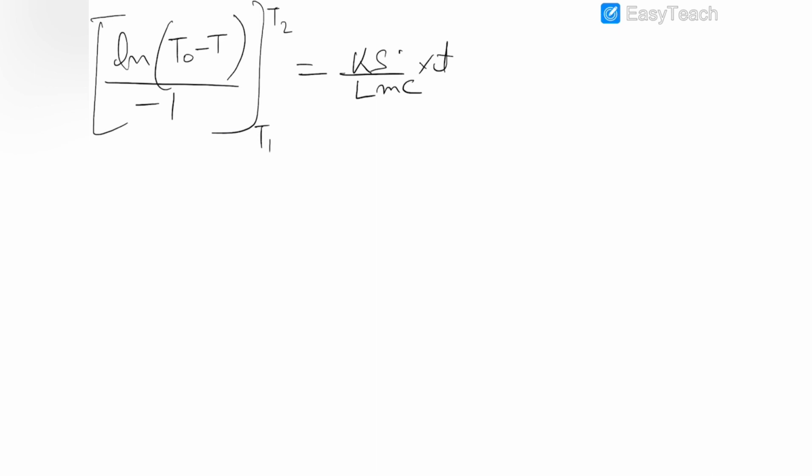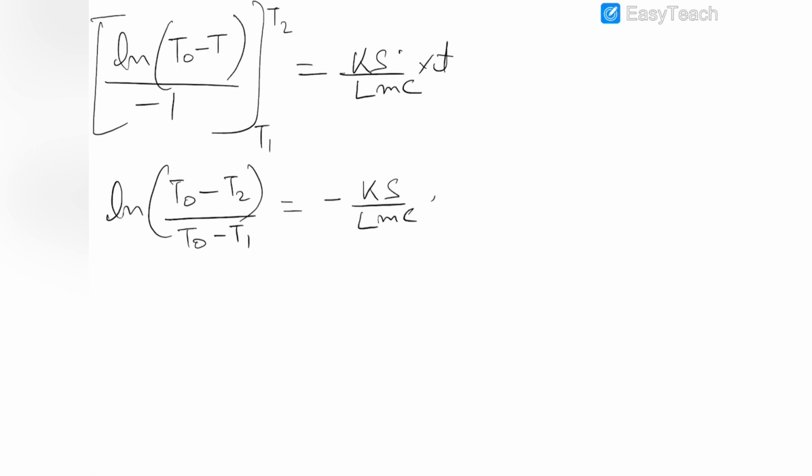If I substitute the values of T1 and T2, it would be ln (T0 minus T2) divided by (T0 minus T1) equal to minus Ks by LMC into t.